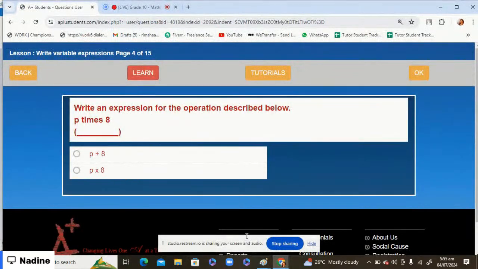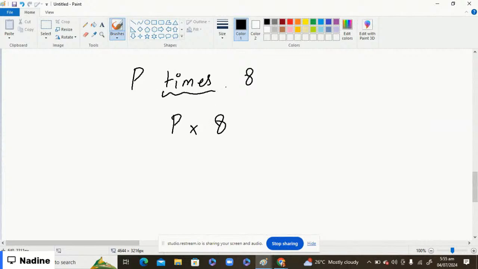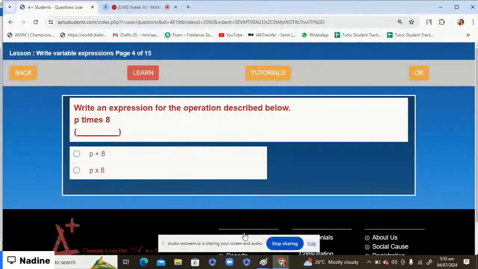So here is p times 8. What does it mean? Yeah, this is a bit different. p times 8 means p multiplied by 8. Times means multiplication. Times means multiply with that number. p times 8 here.